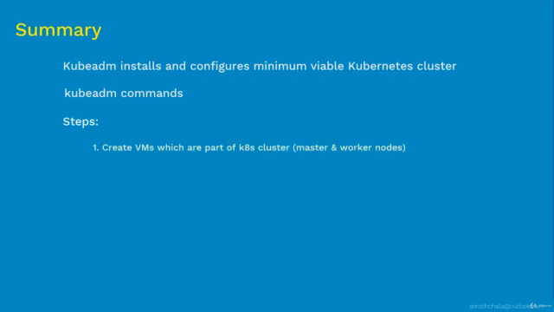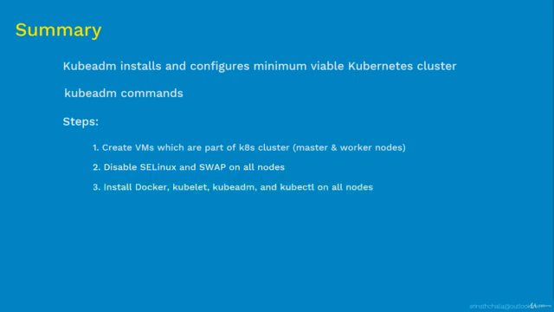In our case, we have created 4 CentOS VMs, where 1 is master and 3 are the worker nodes. Once the VMs are up and running, we disable SELinux and swap on all nodes. After that is done, we install Docker, kubelet, kubeadm and kubectl on all nodes and make sure Docker and kubelet are enabled and started on all nodes.